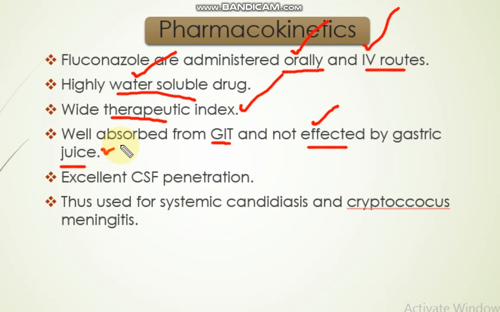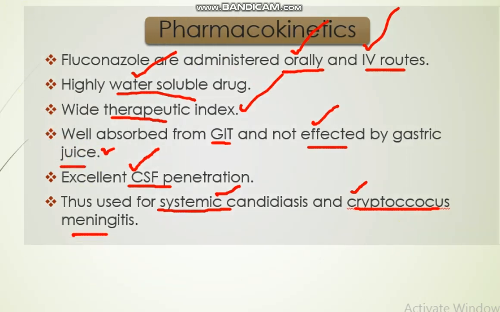Gastric juice neither decreases nor increases its absorption. It also has excellent cerebrospinal fluid penetration, and because of this property, fluconazole is used for systemic candidiasis and cryptococcus meningitis. So this is the pharmacokinetics of fluconazole.